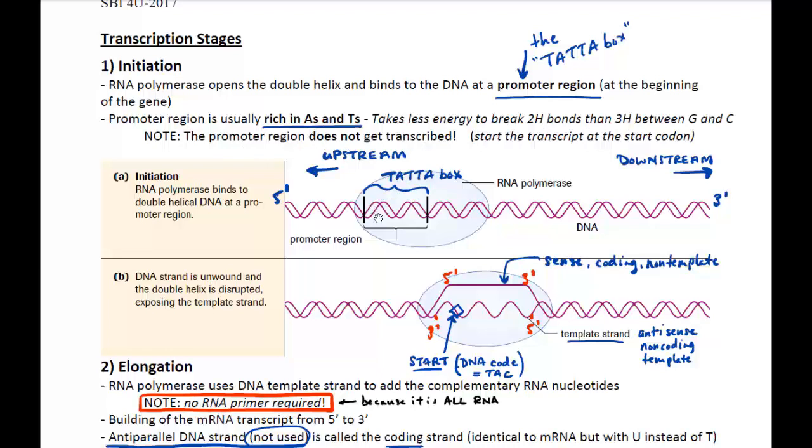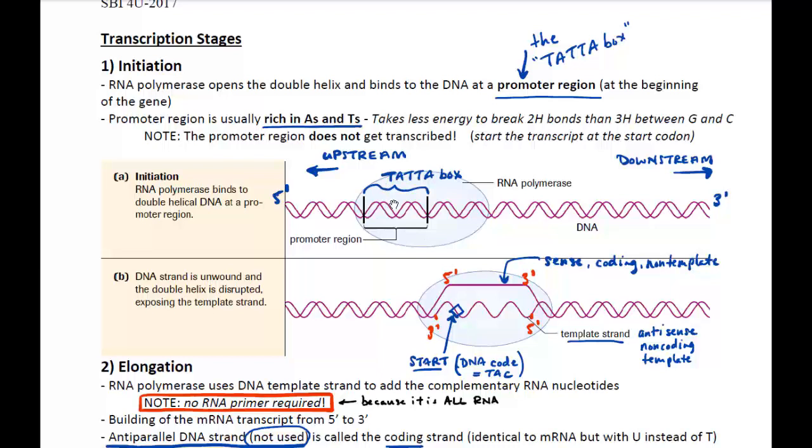Okay, so here would be an example of, let's say this is our promoter region here. RNA polymerase attaches and it reads along until it sees this area. It pops this open, but it doesn't start to add in any RNA nucleotides until it reads the start codon. Then it can begin to add things in. So you're still starting at the start with the mRNA.